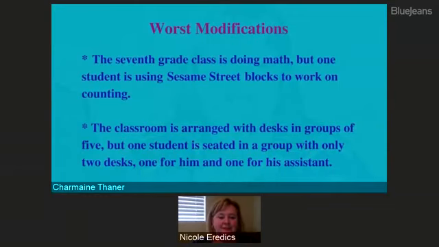So here it is, a 7th grader. So I don't know, Nicole, if you want to address these as we go through each one, or we can just kind of globally look at them. But that idea of doing totally separate work, I mean, it's still math, but that's certainly not an example of a good modification we would want people to use.